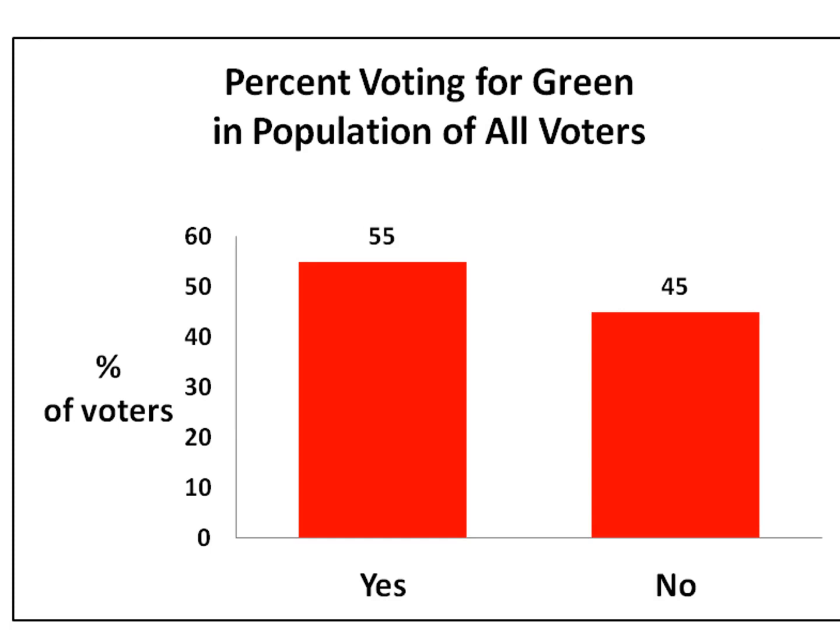A population distribution is the distribution of a variable in the whole population. This graph shows the distribution of all 8 million voters in East Virginia. We can see that 55% of them plan to vote for Green, and 45% of them do not plan to vote for Green.